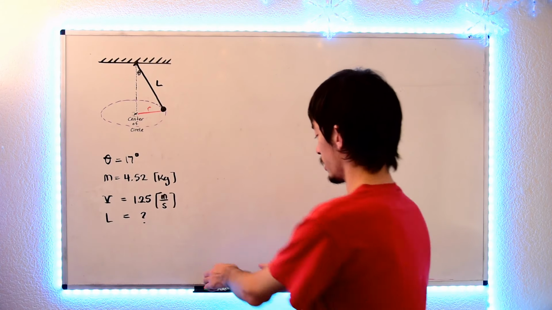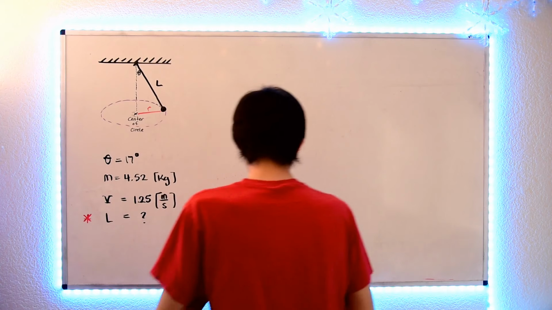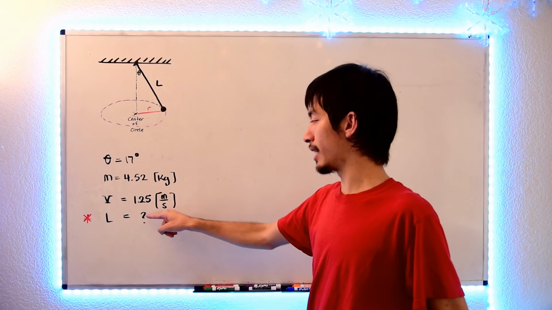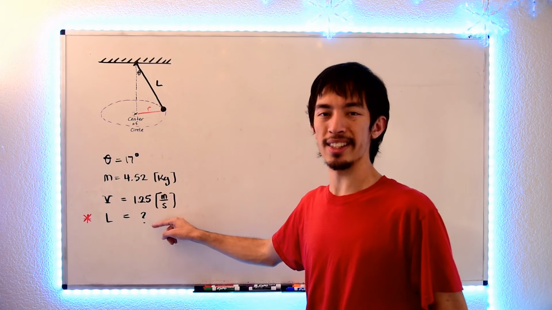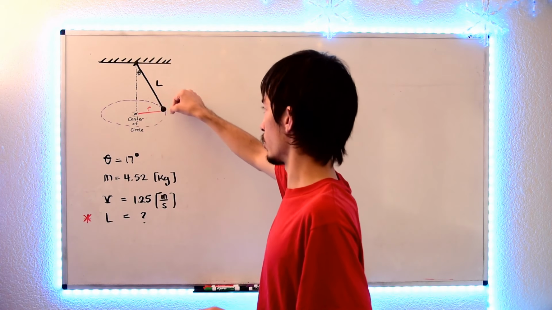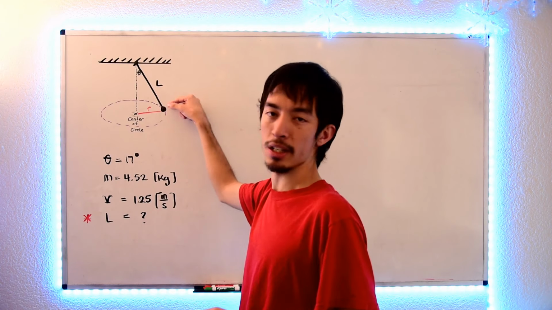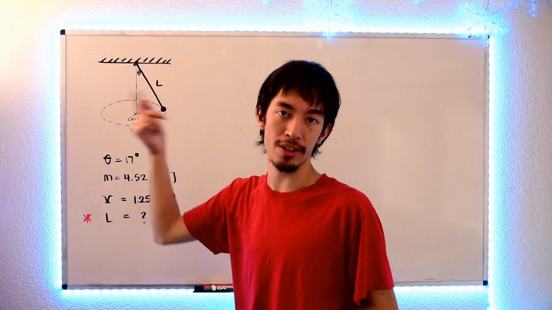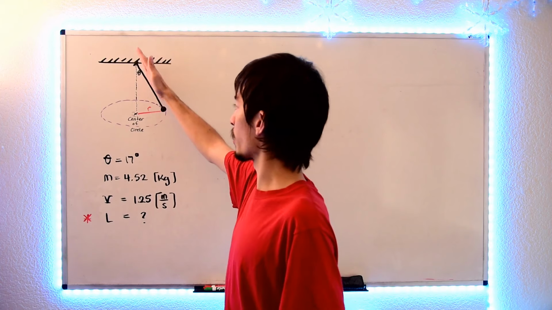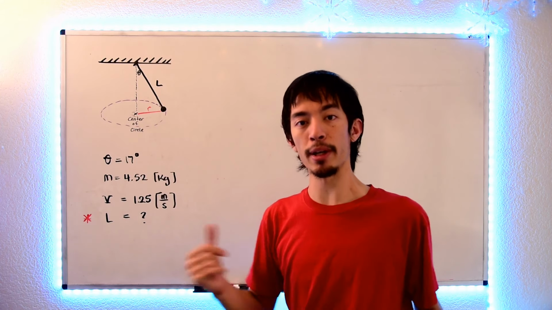But the thing that we're trying to focus on solving in the problem is not something that's in the circle. It's something that's kind of related to the circle, because the string hangs at this angle and it has a length. It stretches out to where the mass is, which is basically going to determine what the radius of that circle is. If this angle were bigger or smaller, the radius of that circle would get bigger or smaller.